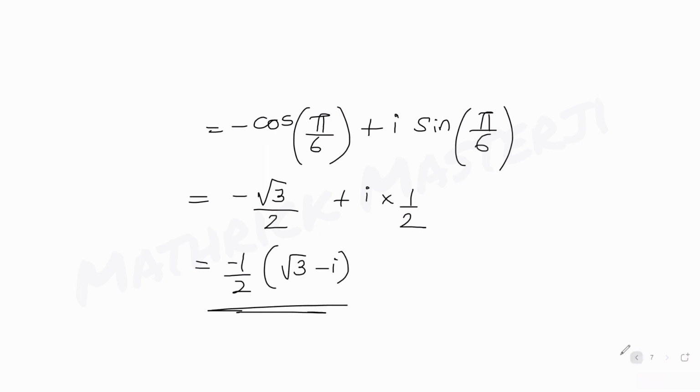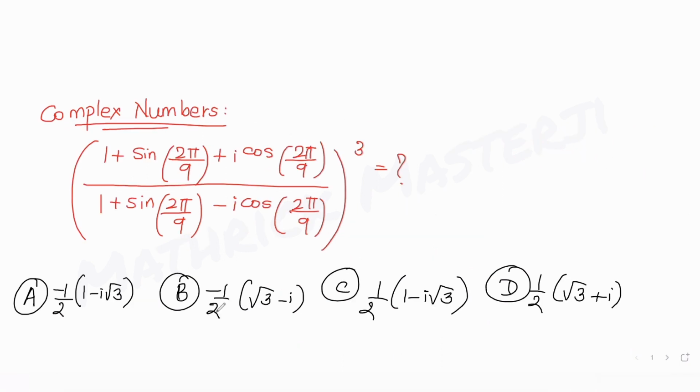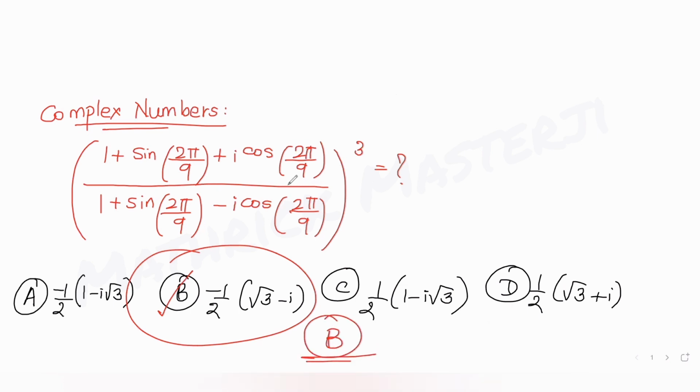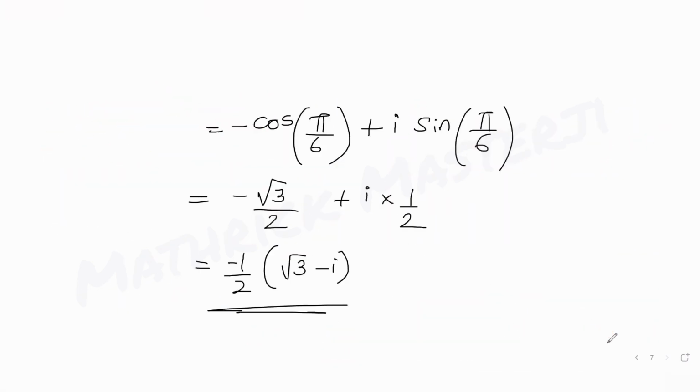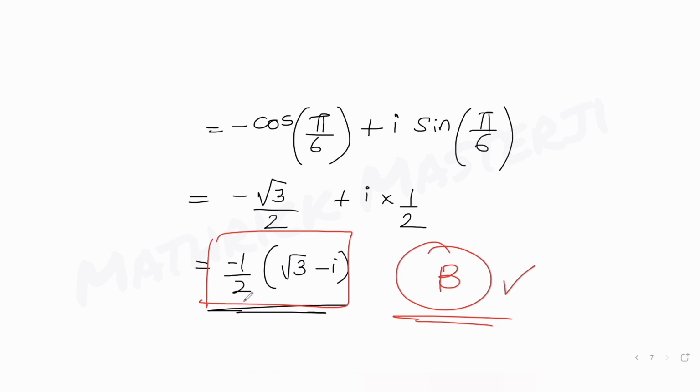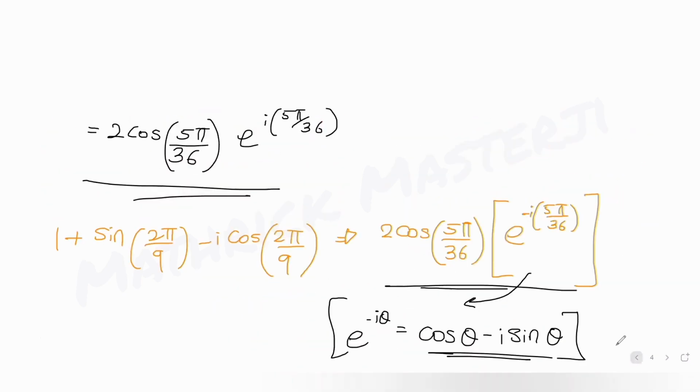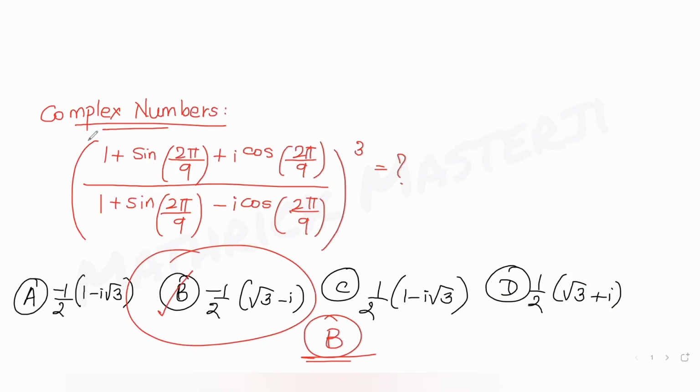If you see the option that matches here with the question, I get option B matching as my answer for the question. I hope you have understood how to solve this type of questions, which deals with the idea of complex numbers.